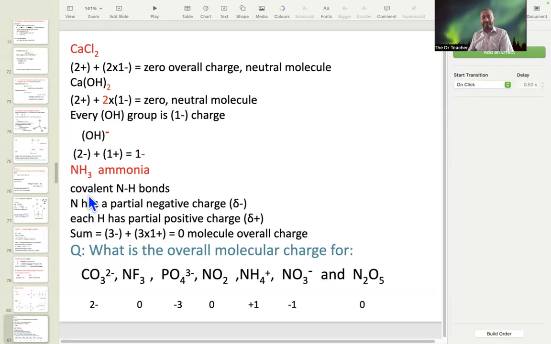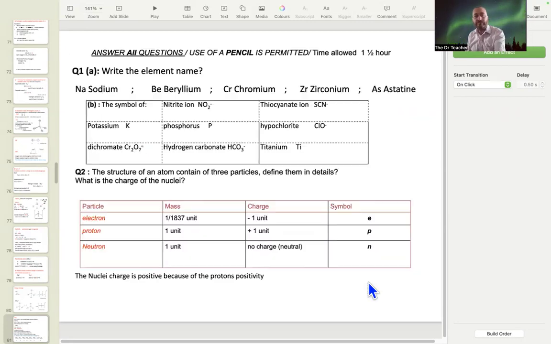They are covalent, and for covalent you use partial charge. Ionic, fully charged. What is the overall molecular charge for this? The overall charge is -2, 0, -3, 0, +1, -1, 0. Straight away.